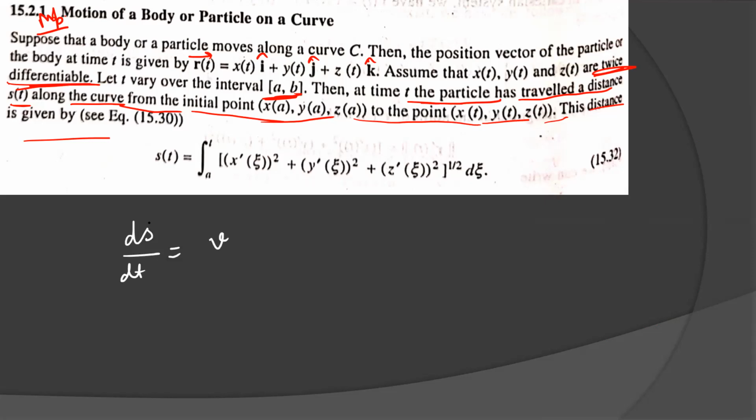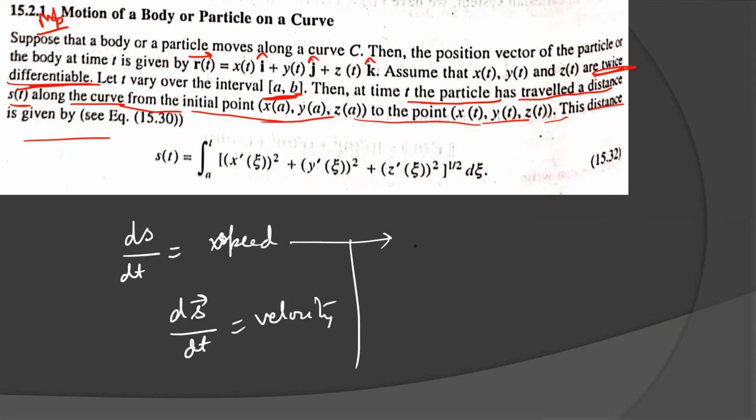If you take this as a displacement or distance, then it will be equal to speed. And if you take the displacement vector, then it will be equal to the velocity. So in the case of a vector, the speed is given as the magnitude of r dash t.